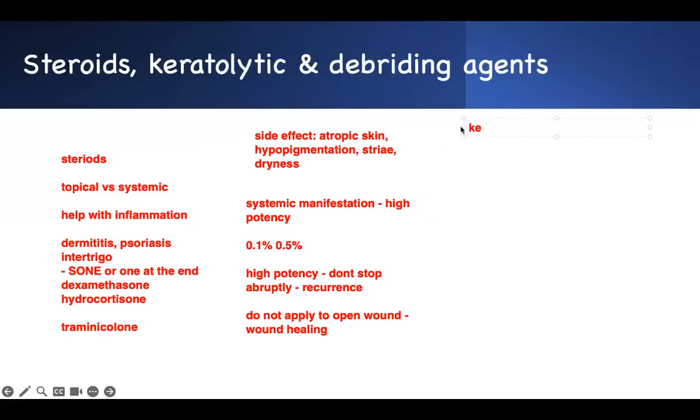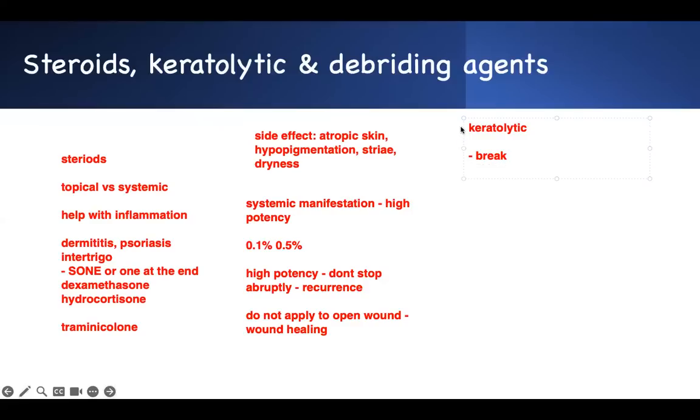Then there is the keratolytic. All it means is it's breaking the keratin of the skin, the cornea. Anything on the skin, it's breaking it down.